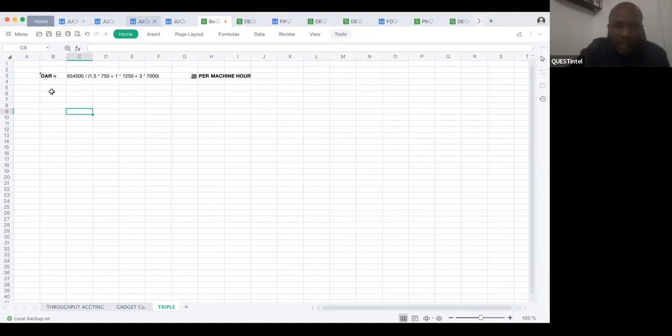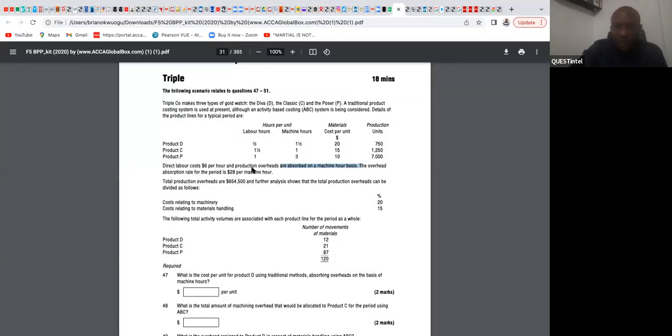It's just not memorizing. This question will never come out again, but the concept will be tested, and some things that have been answered in this question might be the basis for asking other questions. So let's just be clear about that 28, where they got the 28 from, based on the question requirement.